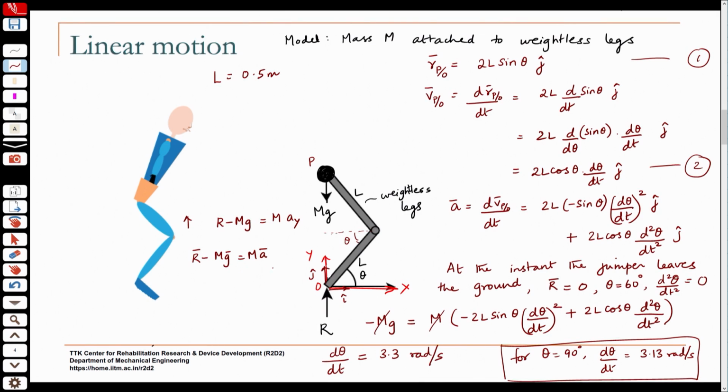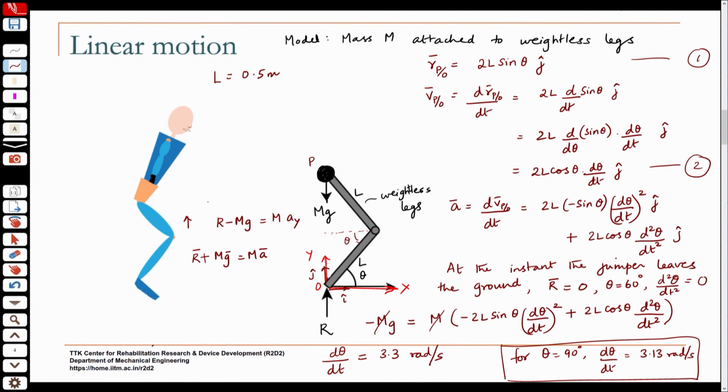Now, once it is off the ground, what is the acceleration acting on it? It is only gravity, right, which is what we got here, minus mg equal to ma. So, when r equals 0, a becomes g or minus g. Actually, in the vector form I should just say r plus mg, because I am including the direction in that.